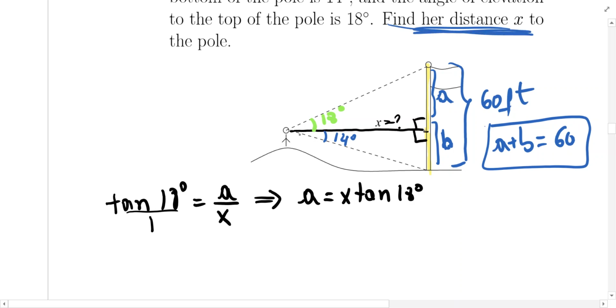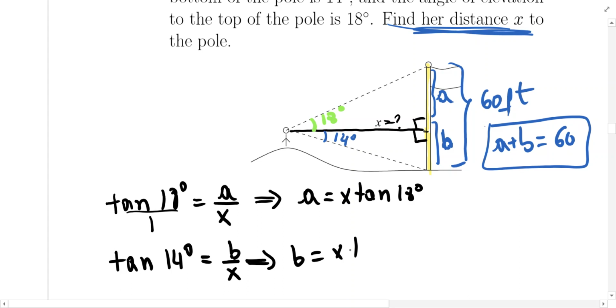Looking at the bottom triangle, I have X, which is the adjacent, and I'm looking for B, which is the opposite to the angle 14 degrees. So again, I'm going to use tangent of 14 degrees equals opposite, which is B, over adjacent, which is X. So now B equals X times tangent of 14 degrees.